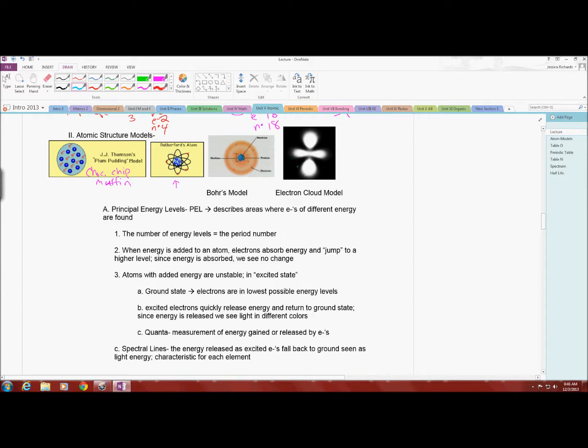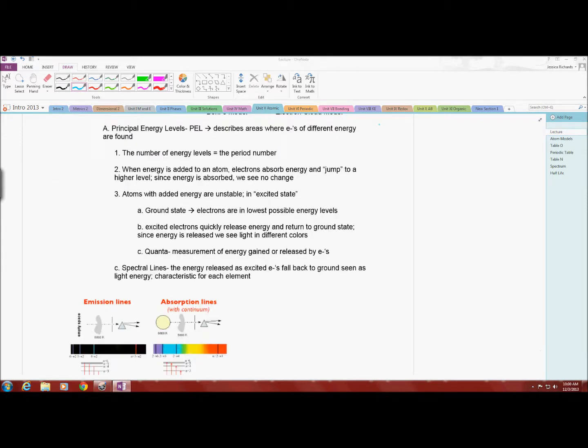So the newest model is this electron cloud or wave mechanical model, where we're talking about areas of probability, and you really have to use an X-ray and time-lapse photography to get any kind of idea of what the shapes of the clouds are. See, these clouds are kind of like petals on a flower, like 2 leaves overlapping, 2 balloons tied together. All right, so those are our different models, and then we're going to talk about those principal energy levels and how we get different spectral lines.